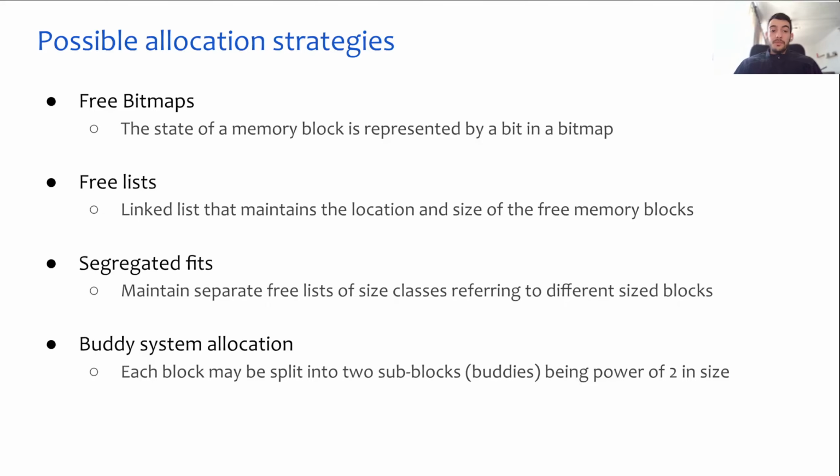The second one is a linked list implementation, which maintains a list of the free memory blocks available in the heap. Another good technique is the segregated fits, and in this one, a group of free lists is maintained, each one of those referring to different sized block chains or lists. Lastly, we have the buddy allocation system.